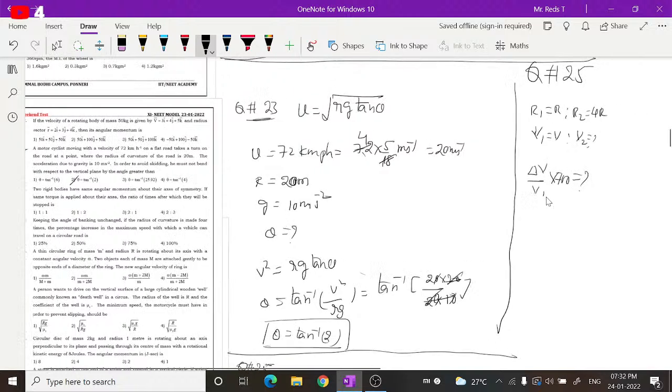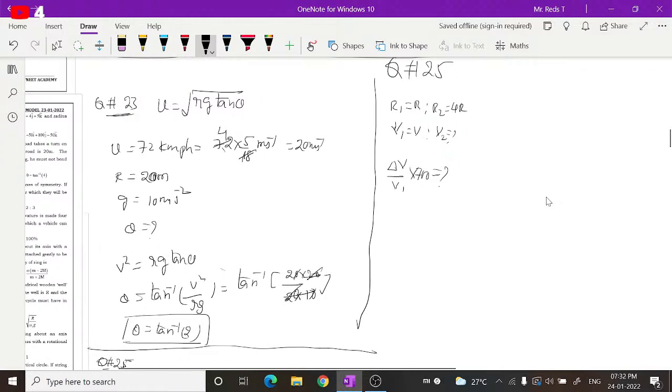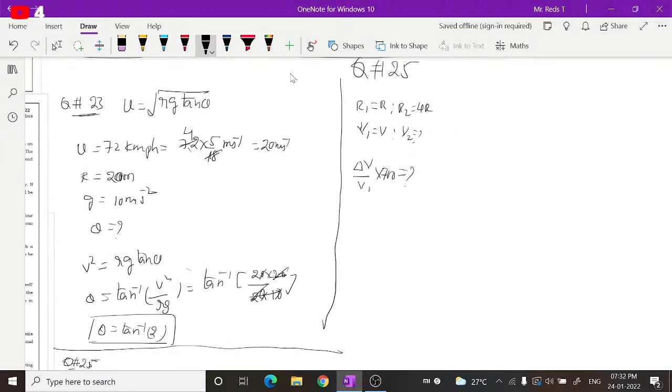By keeping theta constant, how can you consider here when a vehicle is moving on a circular road? You have to just keep in mind the same relation, v square is equal to rg tan theta.